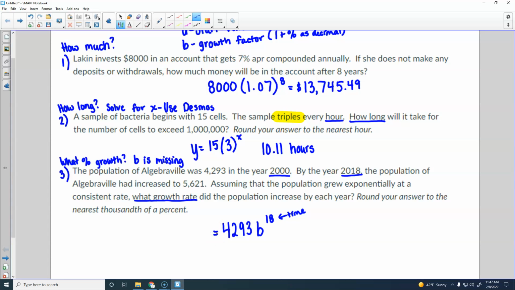We know after 18 years that the population was 5,621, so we're going to put 5,621 here on the other side.